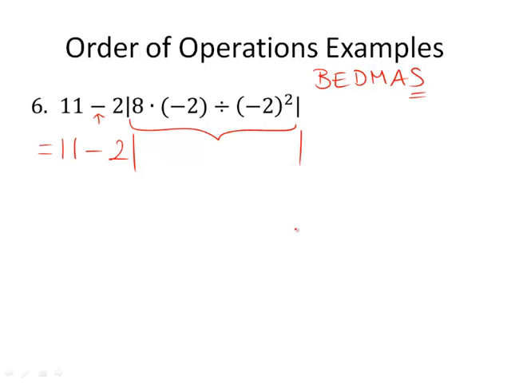Let's work inside this bracket here. So inside this bracket, there are no other brackets to complete, but there are exponents to complete. So rewrite everything except for this part, and what we're doing is negative 2 in a bracket squared, meaning negative 2 times negative 2, giving us 4.